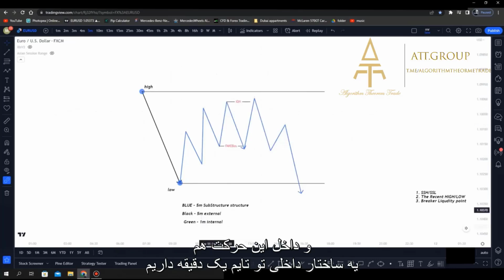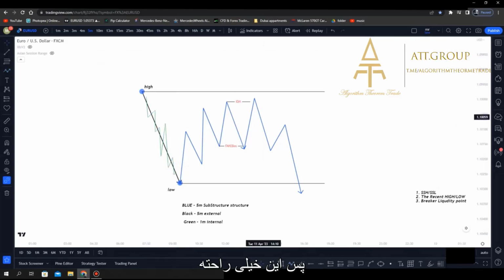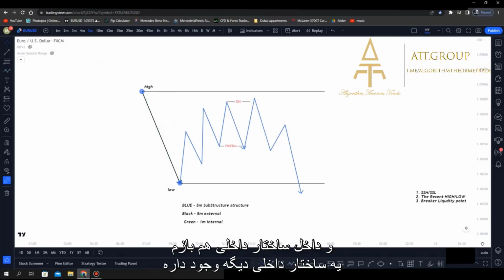So inside this we got also internal structure on 1 minute, like this, very simple. And same thing right here, we got internal structure right here. Yeah, you get the idea.